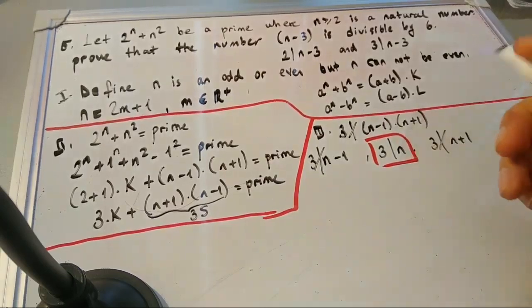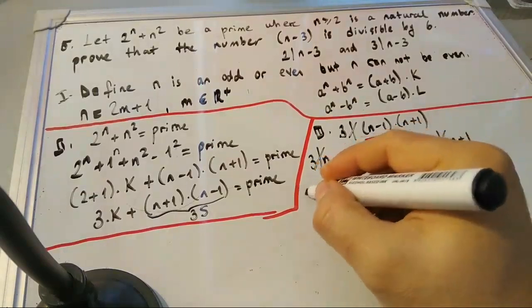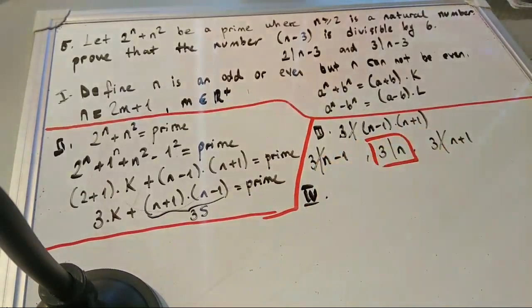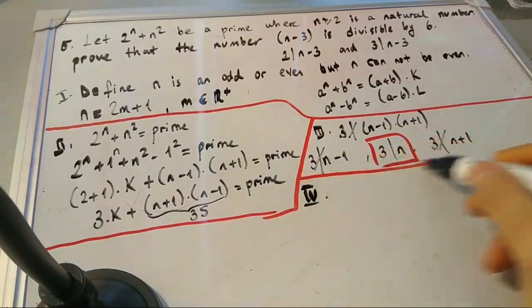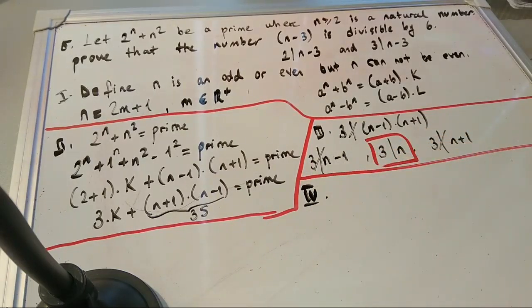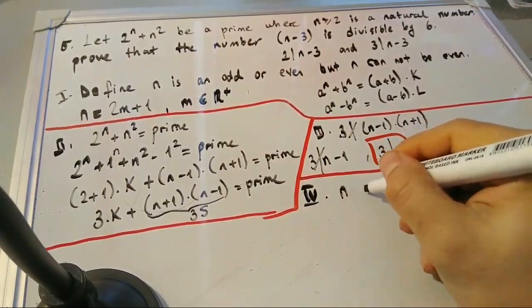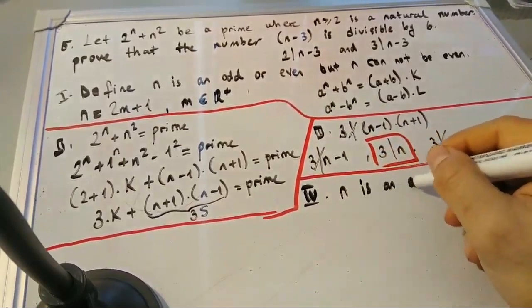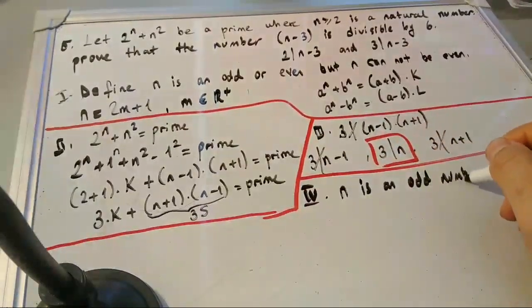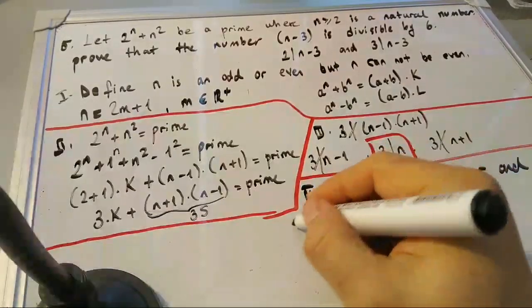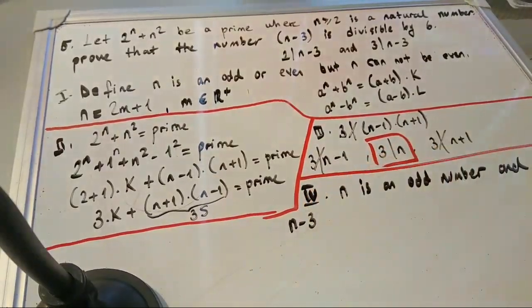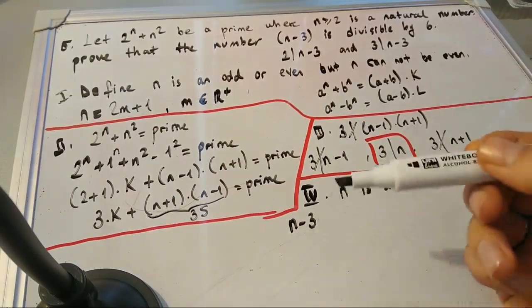If n is divisible by 3, finally, n is an odd number, and n is divisible by 3, n minus 3. If n is odd, is n minus 3 an even or odd number?